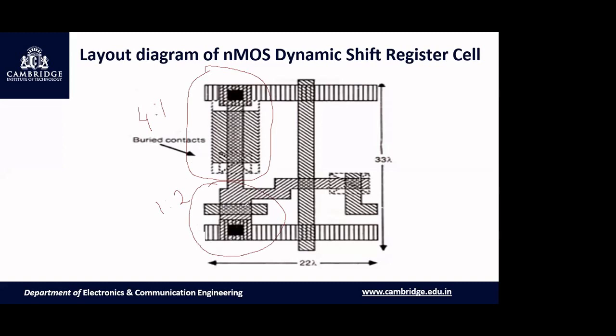Fine. So we have drawn the layout diagram. This is nothing but contact cut, and this is nothing but the NMOS depletion mode transistor. Here a buried contact is used. So this is nothing but contact, right? And you have an idea how to draw the layout, right?